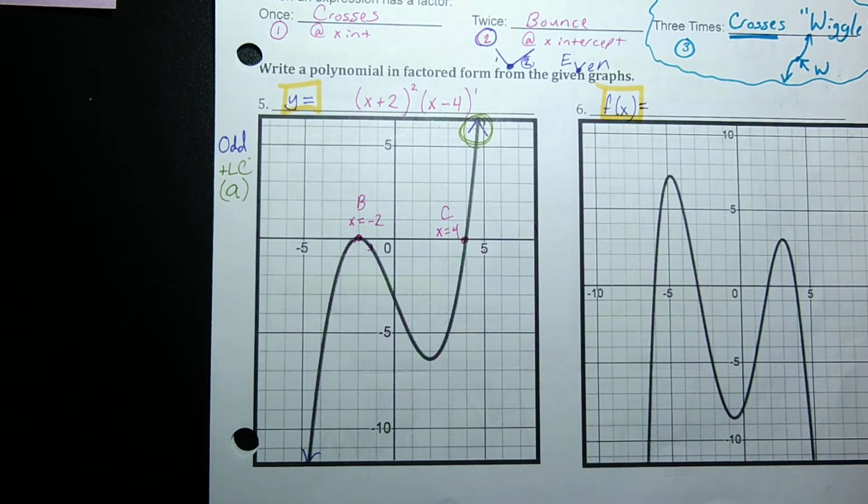So if x equals 4 is the root, x minus 4 is the factor. Since it crosses, we are going to use a multiplicity of 1, an odd multiplicity.